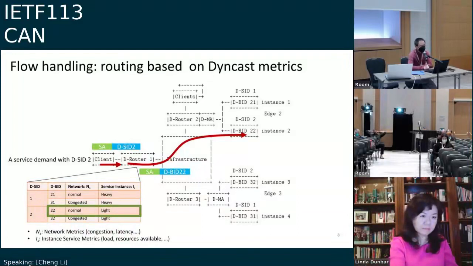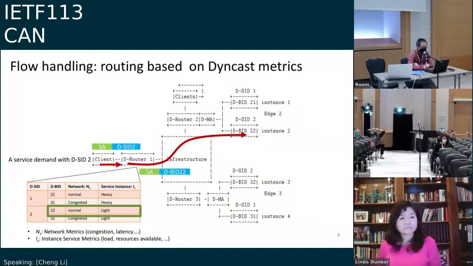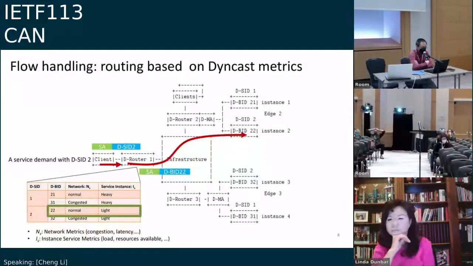We will have the metric information. So we have two types of metric here: network and service instance metric. The network metric would be something like bandwidth or delay. For the service instance, it can be a measurable index, or a number, related to the load, the resource availability, something like this. So this is a really easy case for illustration, right?